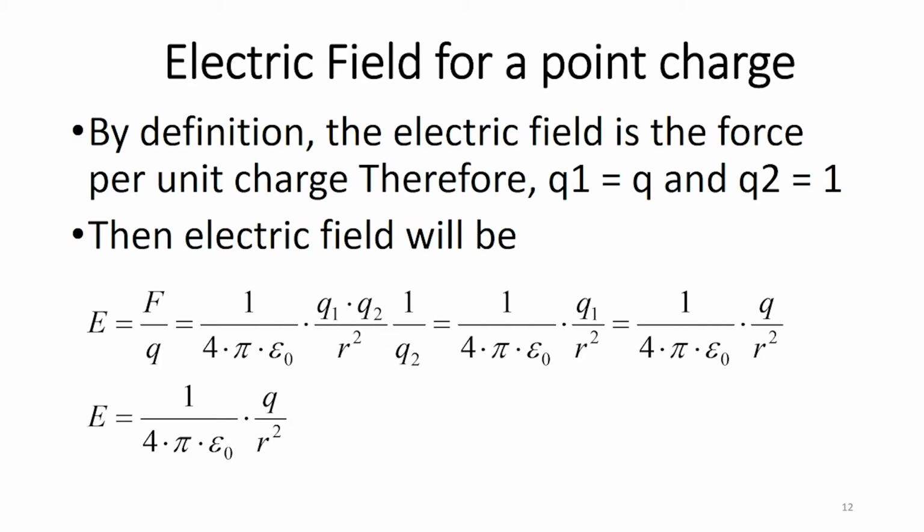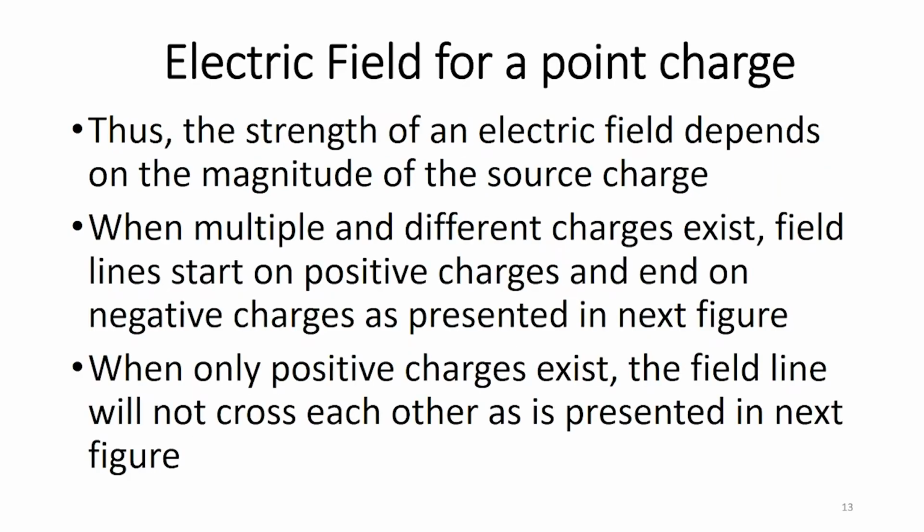Since we have only one charge, we can write it as 1 divided by 4 pi epsilon 0 times Q divided by R squared. So this is the electric field magnitude. Thus, the strength of an electric field depends on the magnitude of the source charge.